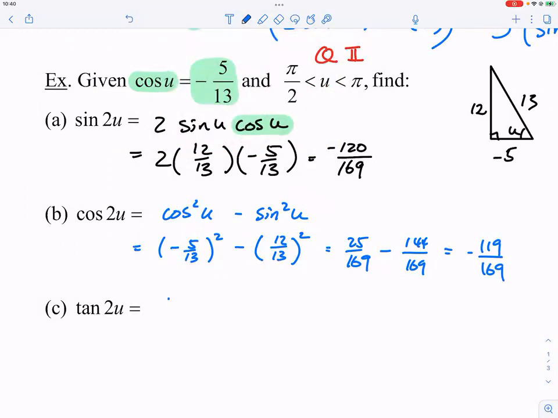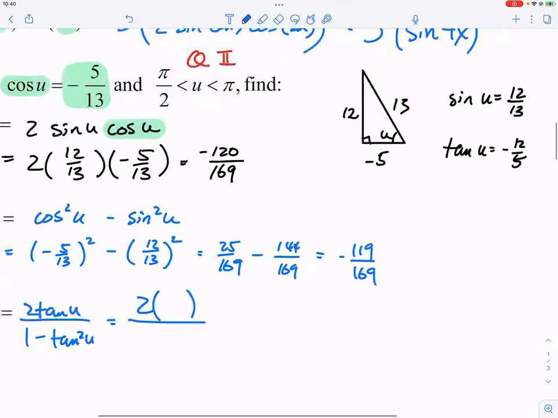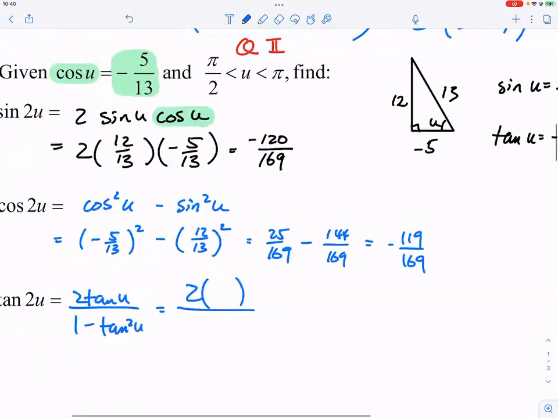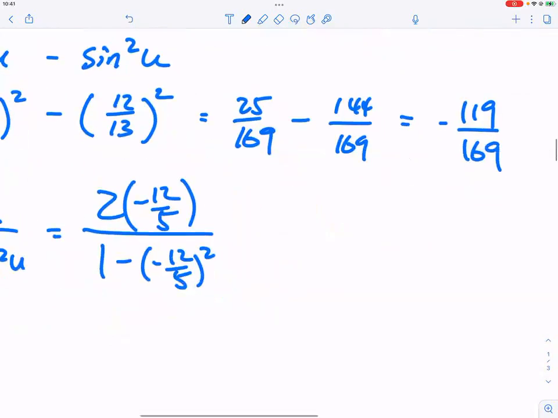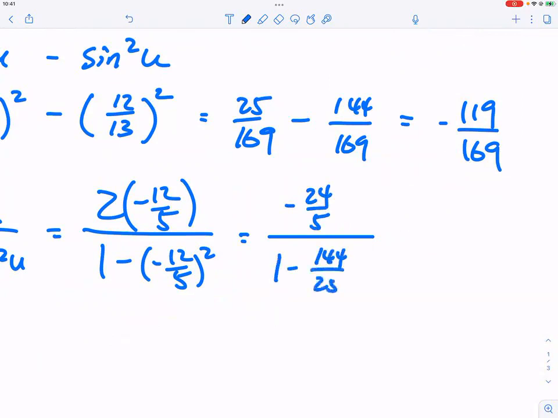Tangent of 2u is 2 tangent u over 1 minus tangent square u. So 2 times -12/5 over 1 minus (-12/5) squared, and that is -24/5 over 1 minus 144 over 25.